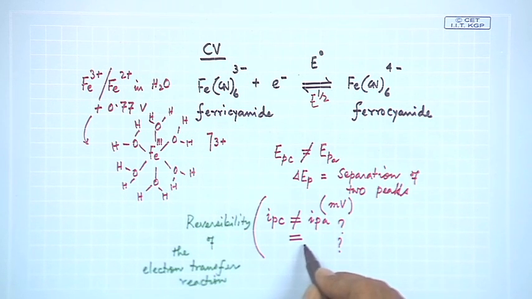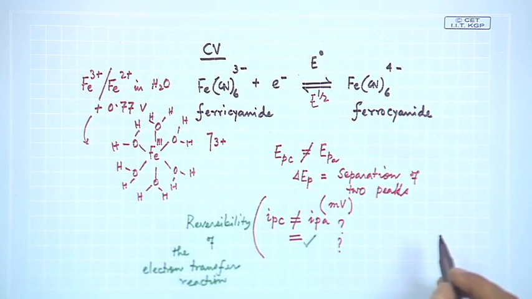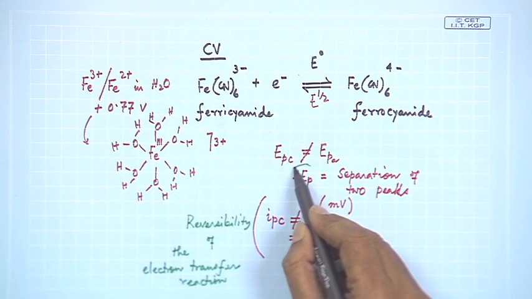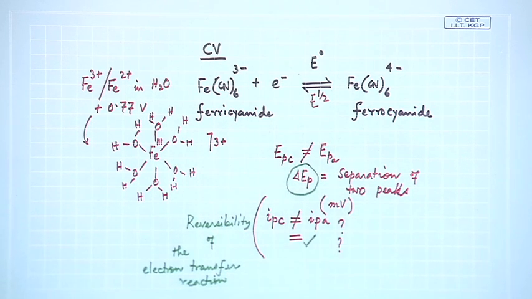So, if both of them are same, that means IPC is equal to IPA, we will have a reversible electron transfer reaction, and a very small magnitude of delta EP will also tell the corresponding nature of the reversibility.